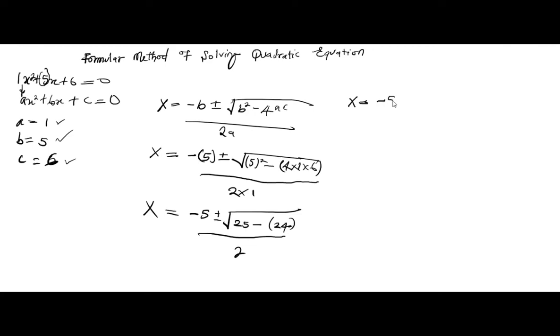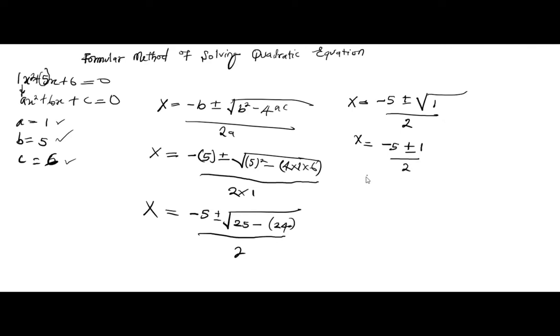So we go ahead, we have our x equals to -5 plus or minus square root of, so you have 25 minus 24, so you have 1 all over 2. We have our x equals to -5 plus or minus square root of 1 is 1 all over 2.